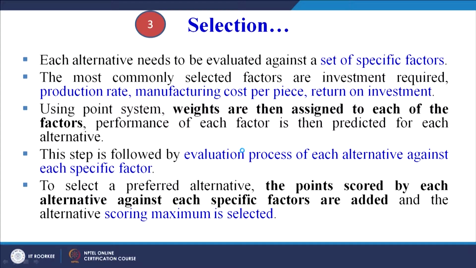Each alternative needs to be evaluated against a set of specific factors. The most commonly selected factors are investment required, production rate, manufacturing cost per piece, and return on investment. So we will see that suppose we spend rupees X, what is going to be the return on our investment, and in how many years we are going to achieve break even.